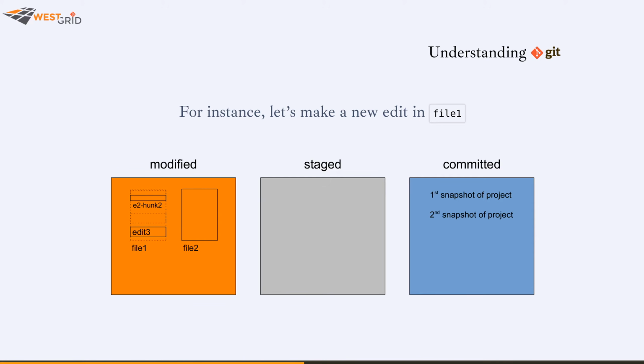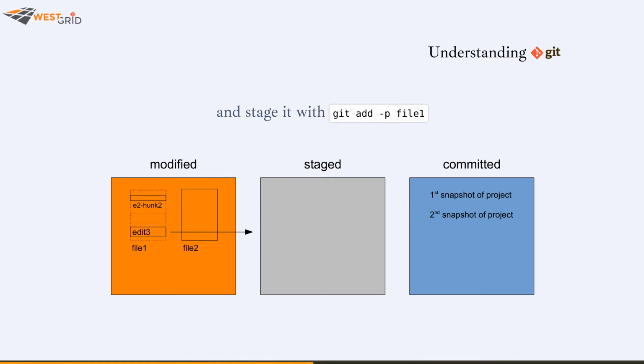So for instance, let's make a new edit in file 1. Let's call it edit 3. And we still have this little bit of edit 2 because we only committed a first hunk of that bit. So we have two modifications now in file 1: a remaining bit of the edit 2 and edit 3.